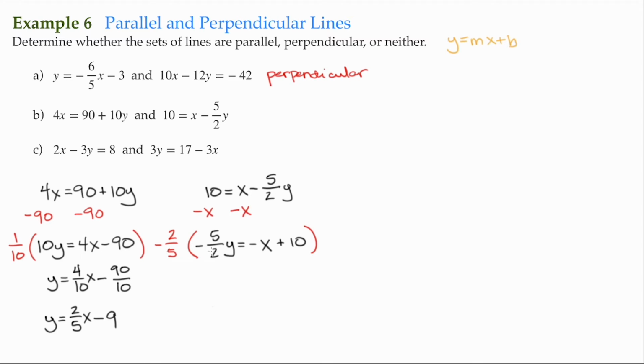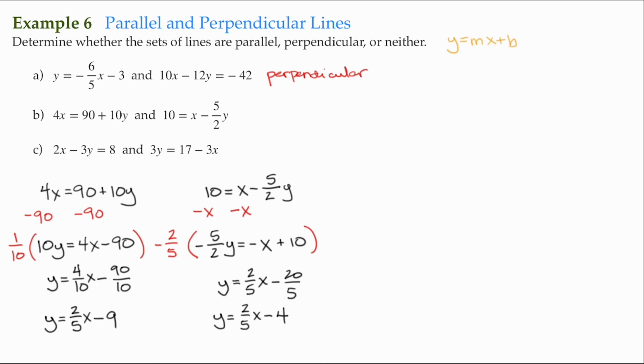Negative 2/5 times negative 5/2, they'll cancel each other. That'll leave us with y. Negative 2/5 times negative 1x, or negative x, that's positive 2/5 x. And negative 2/5 times 10, that's negative 20/5. So this winds up being y is equal to 2/5 x. And 20/5 is 4, so minus 4.